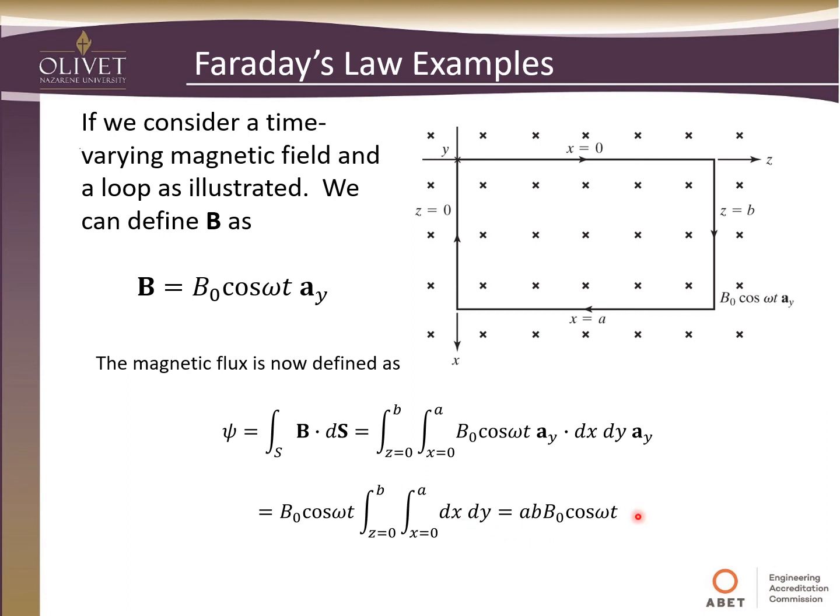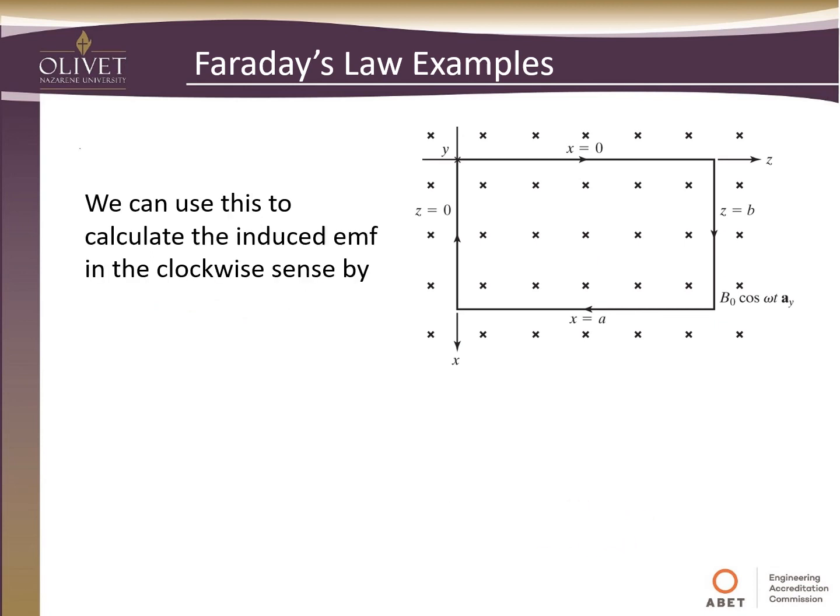So then this is the flux inside of here. So this is the flux density. This is the flux, how much total flux is in there at any given time. So now that we have the flux, we can use this to calculate the induced EMF, or the potential difference around this loop.